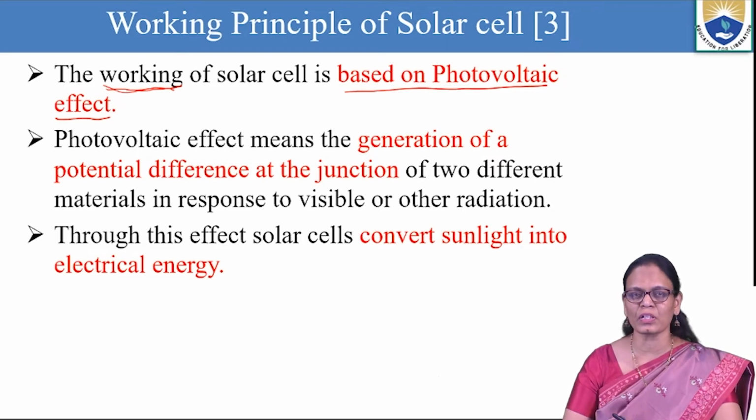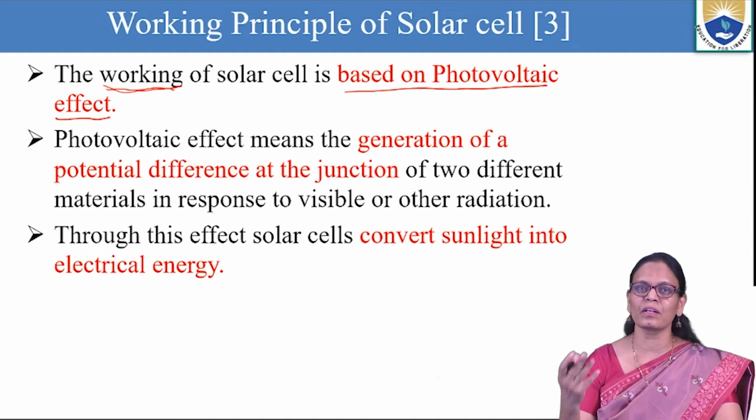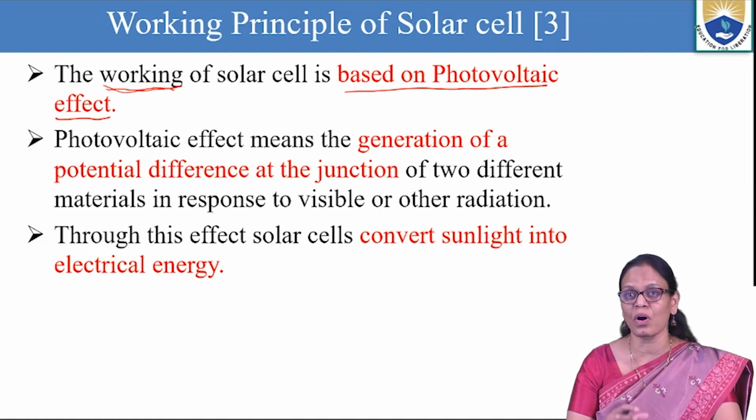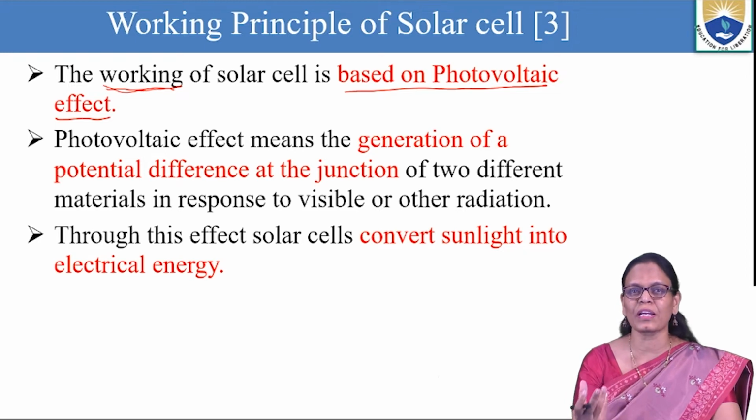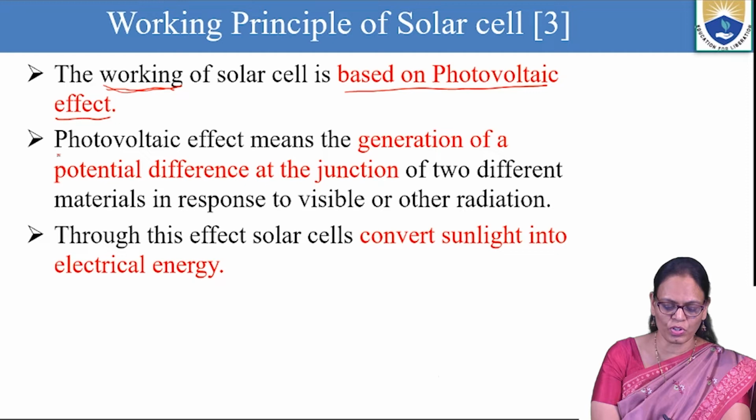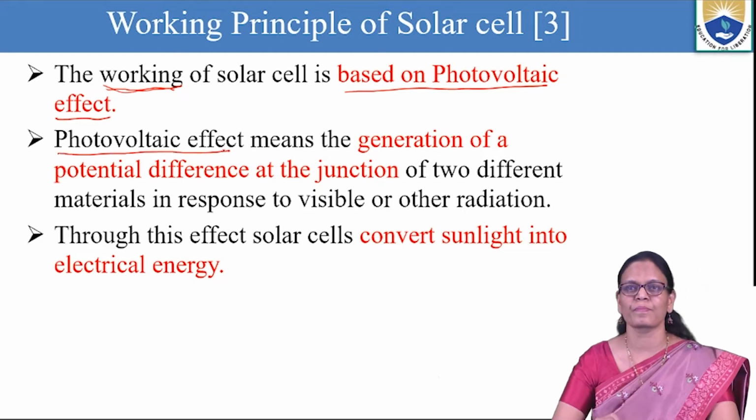So here we are talking about solar radiation. Whenever the radiation falls onto the junction of two different materials, there will be a generation of potential difference. That we call the photovoltaic effect.